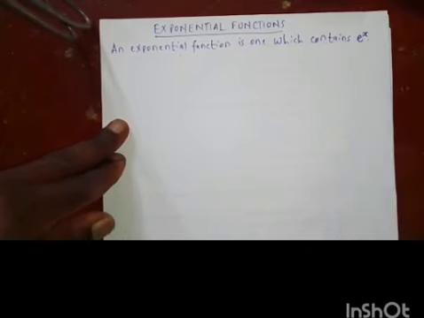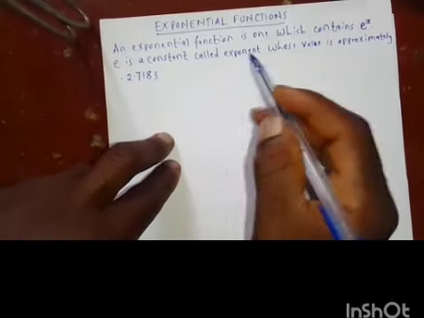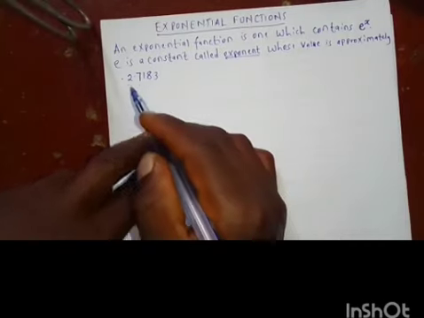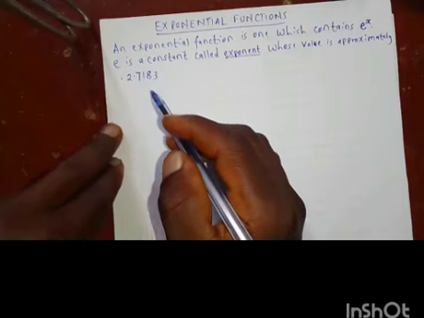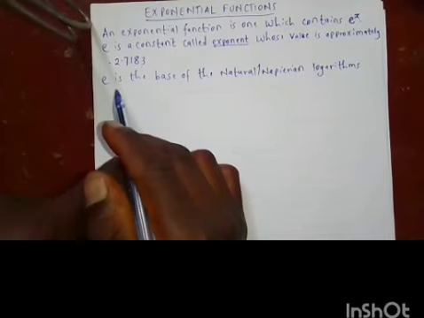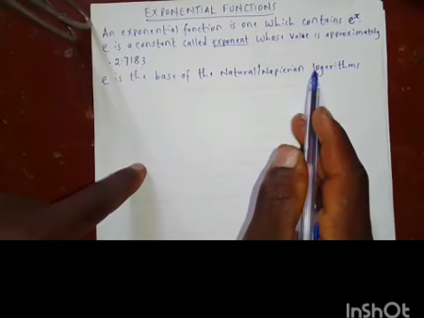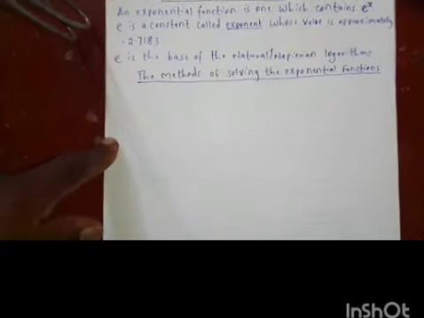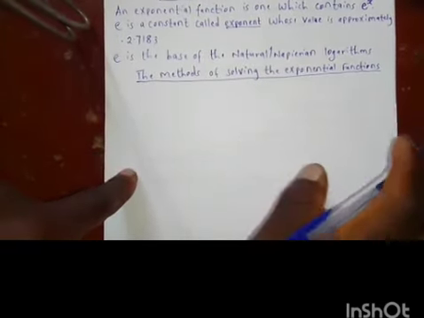As we had said earlier, e is a constant that we call the exponent, whose value is approximately 2.7183. We also said that e is the base of the natural or Napierian logarithms. We want now to look at the methods of solving exponential functions.